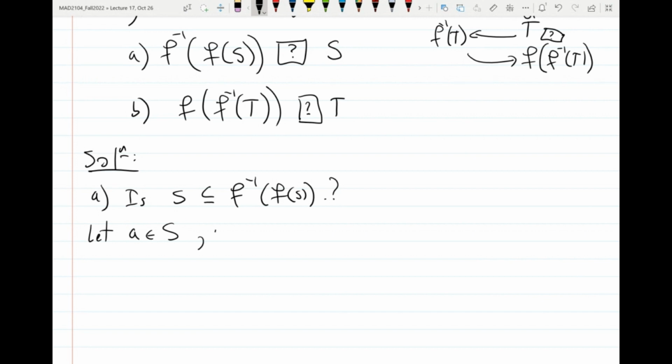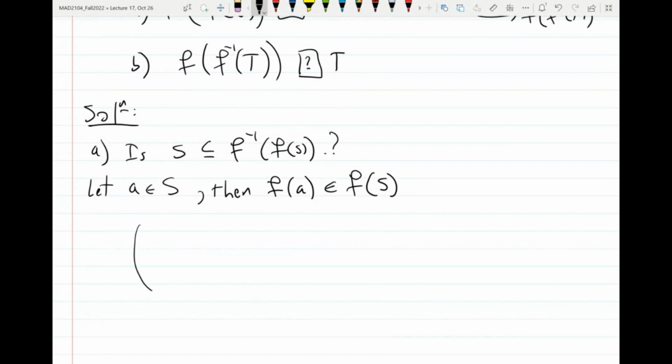Well, then, if I do F of a, where is this? So I start with an element a, which is in S. Remember, S is a subset of A. So if I do F of a, that goes to B, right? But in particular, this is an element in the image of S, right? Because we started with an element in S. So this is in F of S.